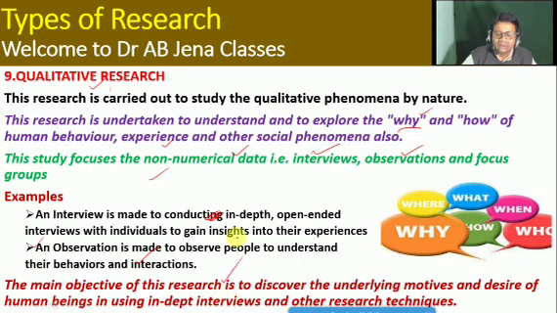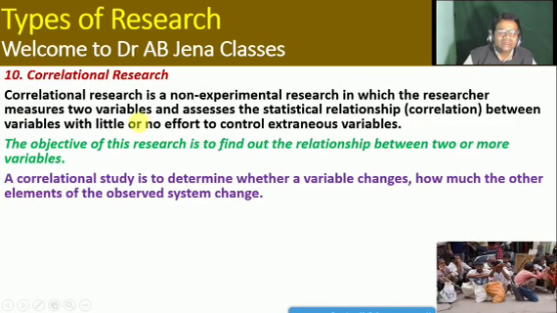So friends, it's the last but not the least important kind of research. What is correlational research? Correlational research is a non-experimental research in which the researcher measures two variables and assesses the statistical relationship, that is the correlation, between the variables with little or no effort to control the external variables.